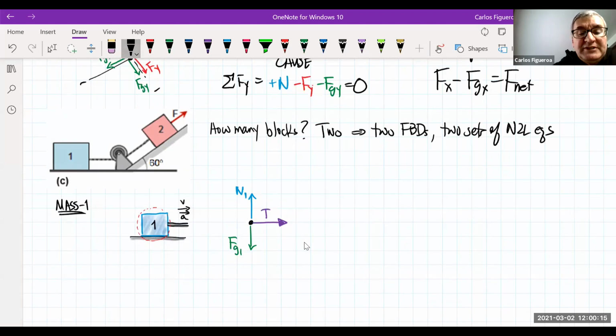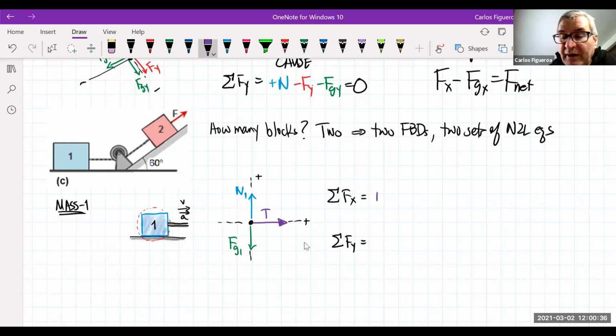Once I have established this, this seems like a fairly straightforward equation. There's only one force going to the right, so here I go. I have to start summing all the forces acting on block 1. Clearly this only has tension in the positive direction. Since there's nothing opposing this, what am I accelerating?